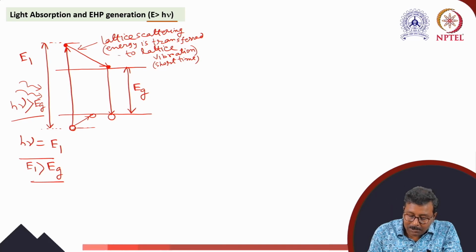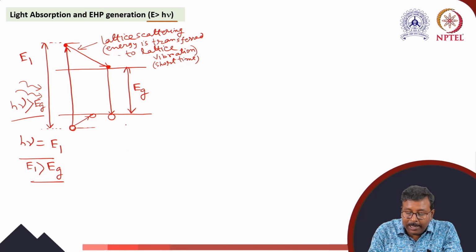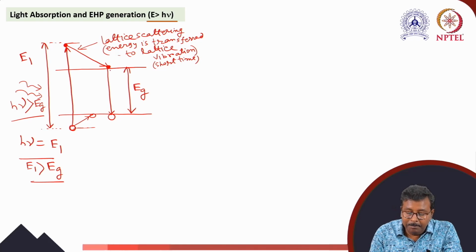That means, suppose at t equal to 0, this transition occurs, and at t0 plus delta t, this occurs. After this, it takes, suppose, delta t dash time to recombine with another hole. So delta t plus delta t dash, these two times are important, because if we can separate these electrons and holes to opposite sides before this time delta t plus delta t dash, it can produce a voltage at the terminal. So in this context, the time is important.